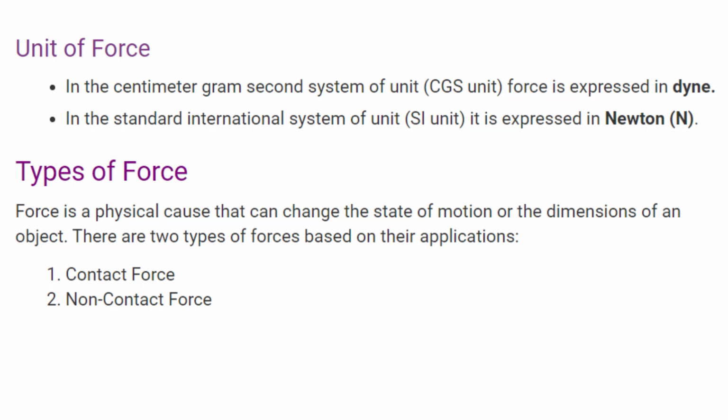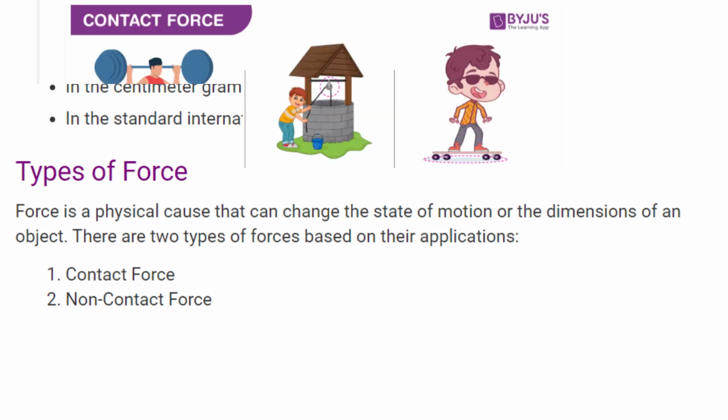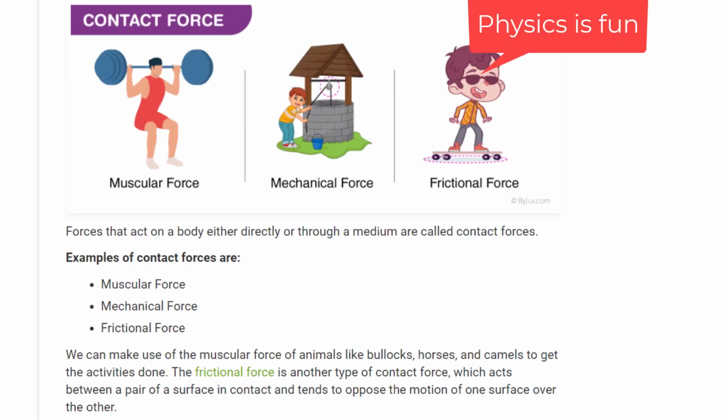Types of force. Force is a physical cause that can change the state of motion or the dimensions of an object. There are two types of forces based on their applications: 1. Contact force. 2. Non-contact force. Contact force. Forces that act on a body either directly or through a medium are called contact forces.